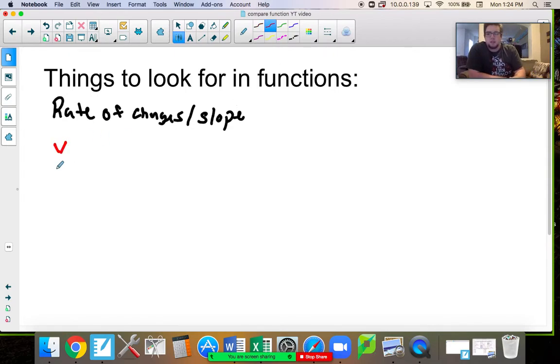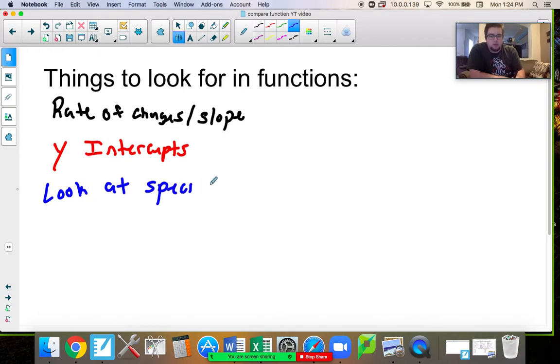Next thing, look for y-intercepts. Then if you're looking at a function graphically, it's a little bit easier, but in general, you want to look at any specific points that might be included. Sorry, I'm talking faster than I can write.